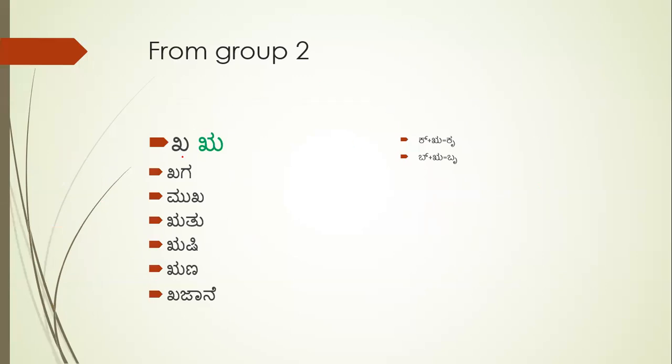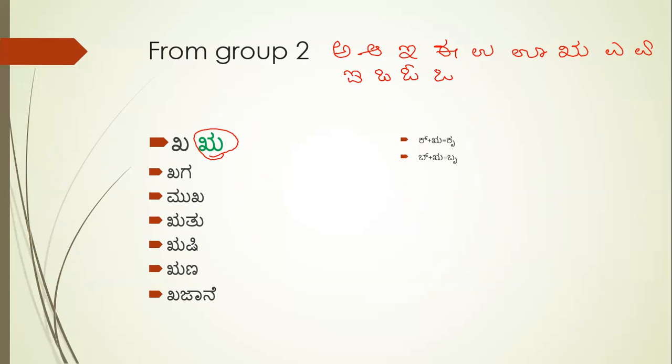So next we have k and ru. Again we have one more vowel here. So where to place it? Let me write once again: a, e, u. After u comes ru actually. Then a, then o, au.